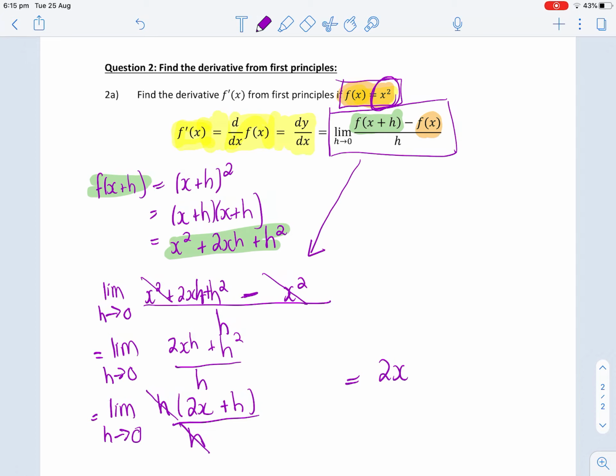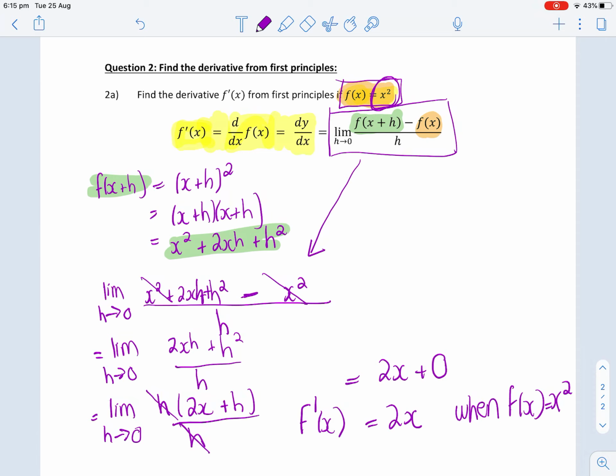Where there's an h, I substitute a 0. So now I have that the derivative of f of x is 2x. And the f of x I started with is when f of x is x squared.